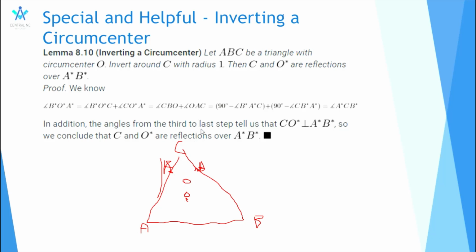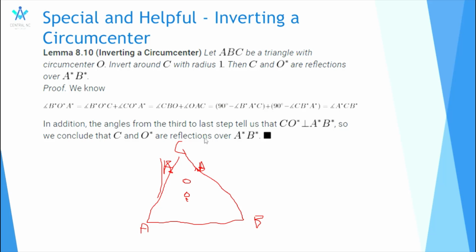Then we use that CBO is equal to 90 minus BAC, and OAC is 90 minus CBA. And then we add these to find this 180 here, and then B prime, A prime, C prime plus C prime, B prime, A prime, we're subtracting, and then we get A prime, C, B prime from triangle angle sum under directed angles.